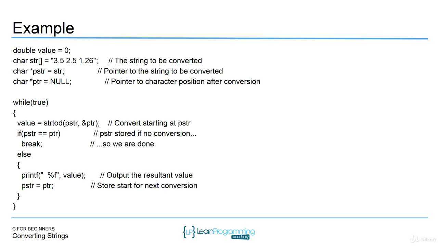We weren't able to actually convert that value. Otherwise, if we were able to convert the value, we're just going to print it out. And we're then going to go for the next conversion. pstr is going to equal ptr. So you can run this and you can see that it's going to end up converting everything in the string array to specific values, double values.